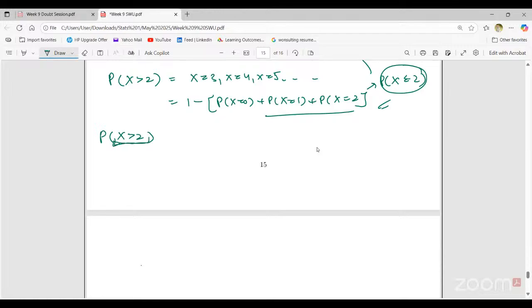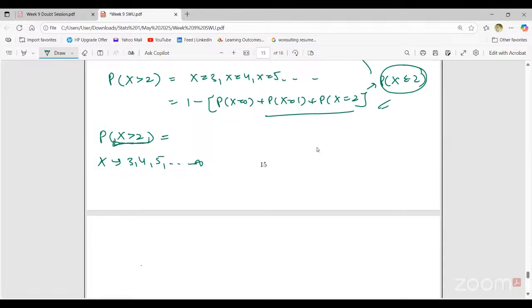What are the values that x can take? It should be greater than 2. You tell me. x equal to 3, x equal to 4, x equal to 5 and so on, correct? Can we get infinity? Yeah, it can have infinite values.